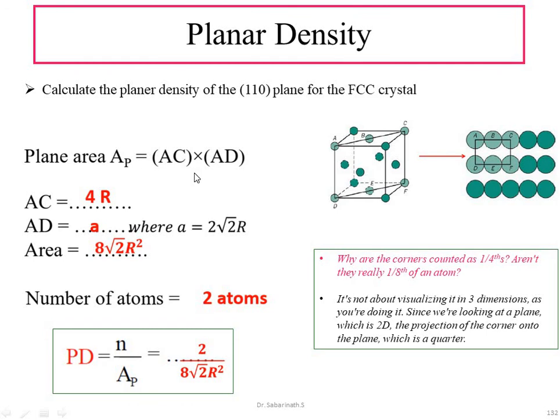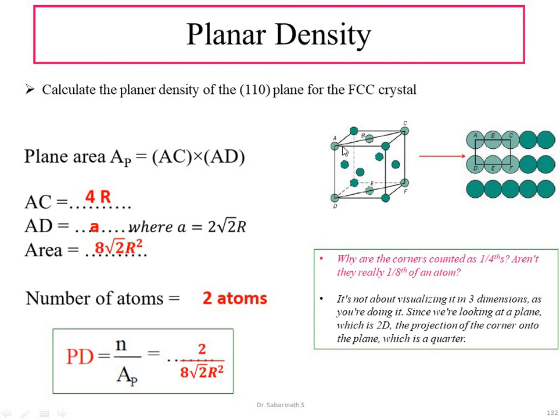As we know, first we need to calculate the area of the plane. Since it is a square, or we can say a rectangular plane, the area is AC into AD. So what is AC?